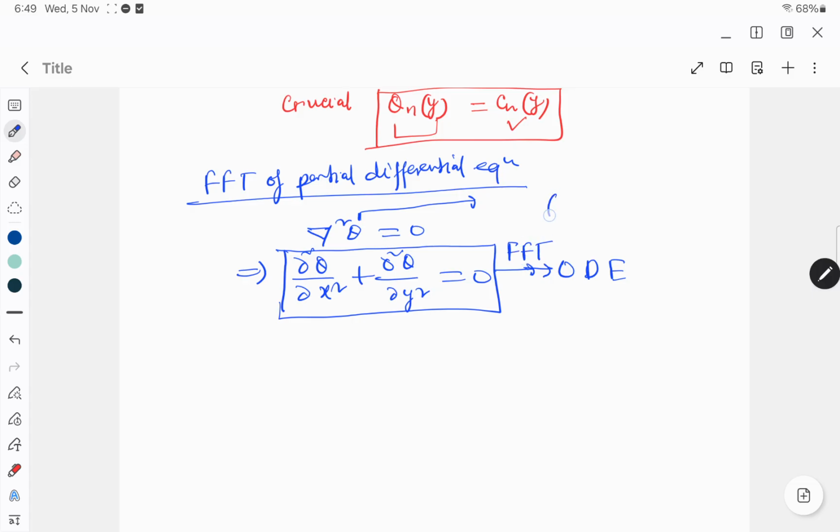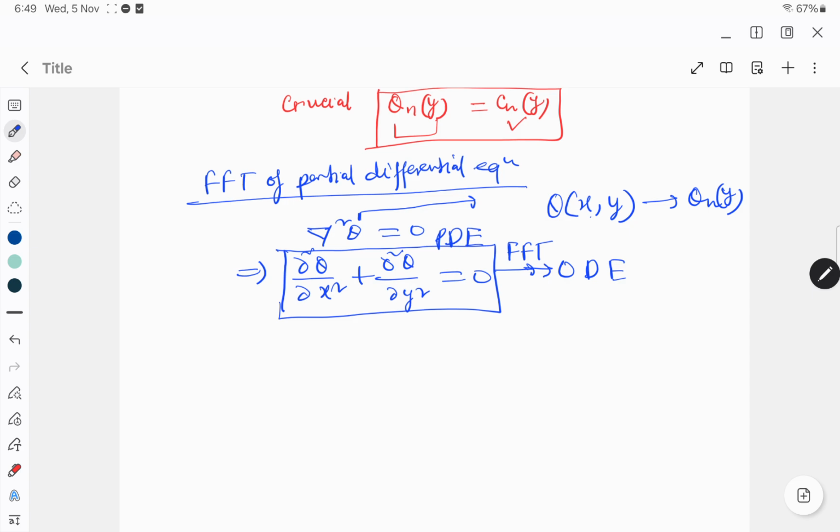If we take the FFT of the function theta of x, y, it reduces one dimension and we get theta n of y. One independent variable is reduced, so the PDE is converted into an ODE by taking the FFT.